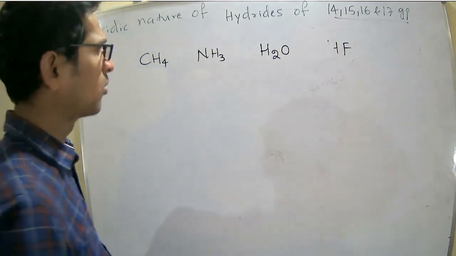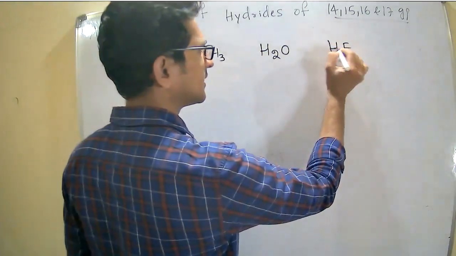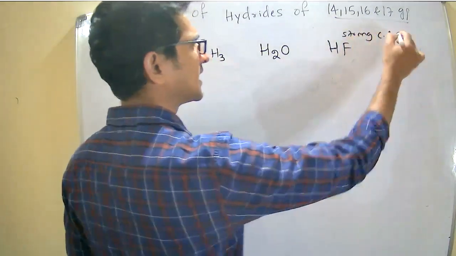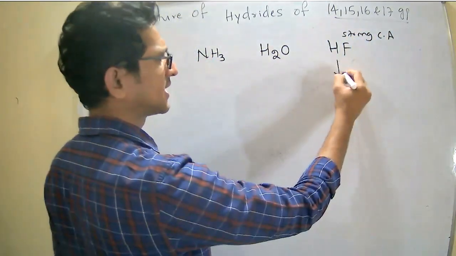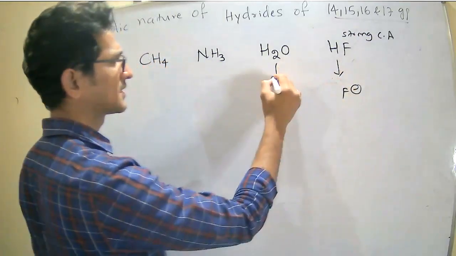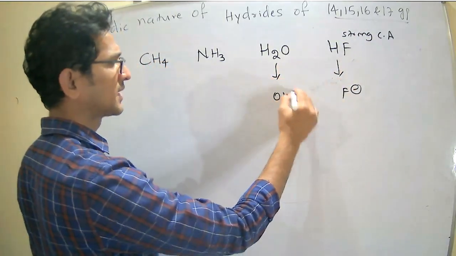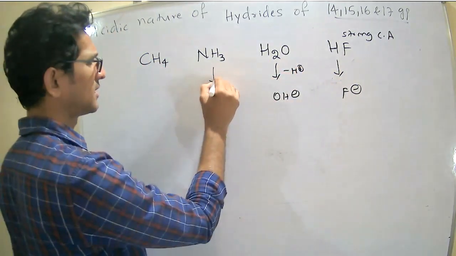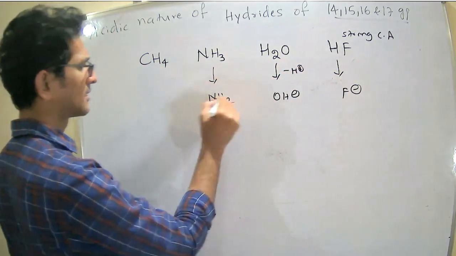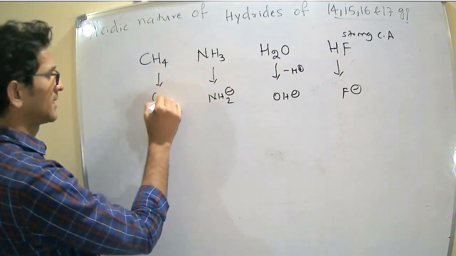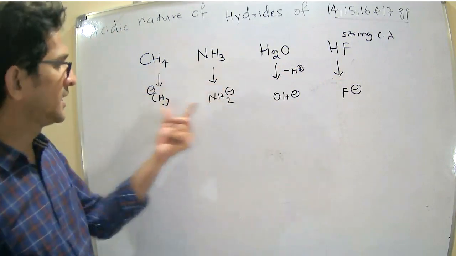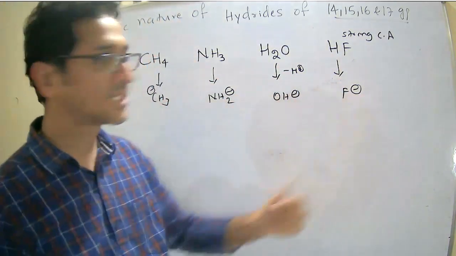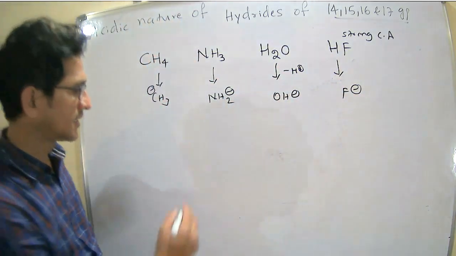Now we know that it is a strong conjugate acid. So it gives F minus, it gives OH minus after losing the H plus ion. That is common. NH2 minus, here CH3 minus. These all are the conjugate bases.